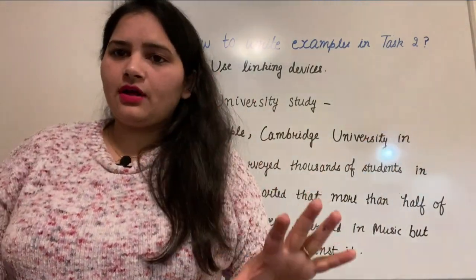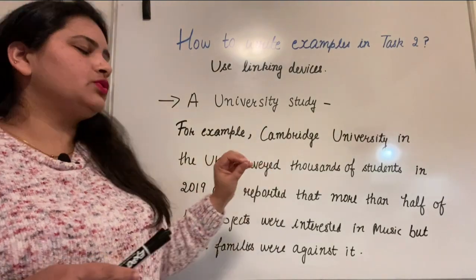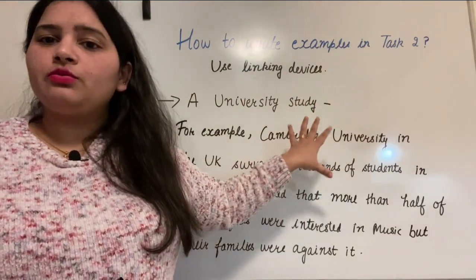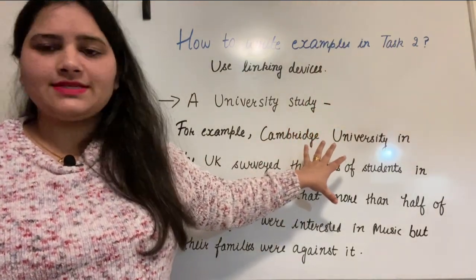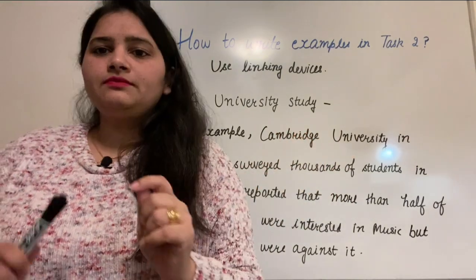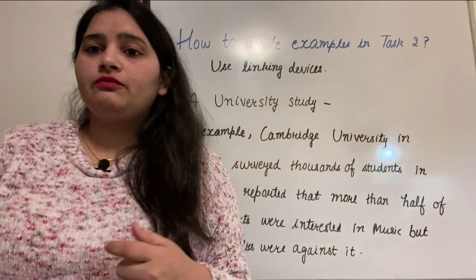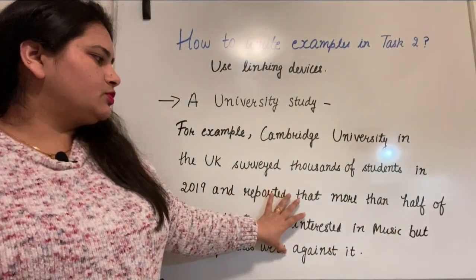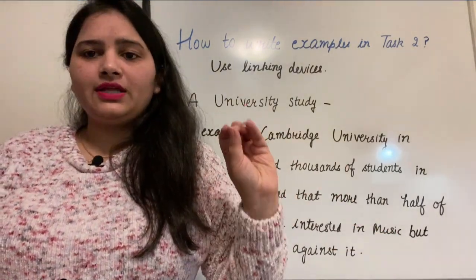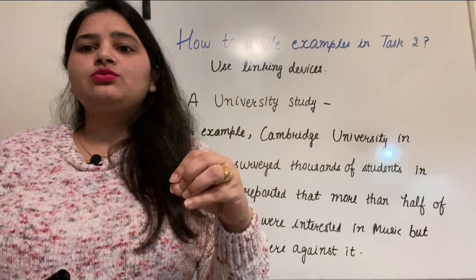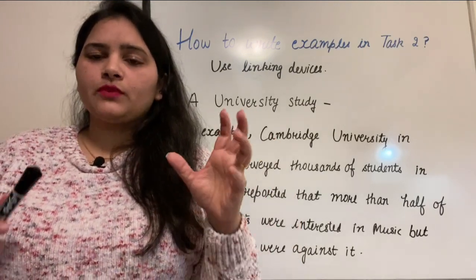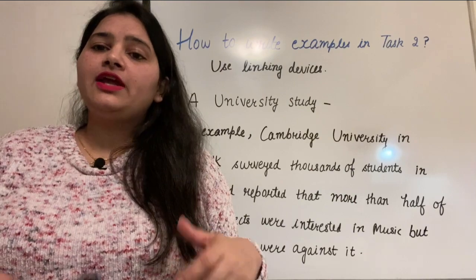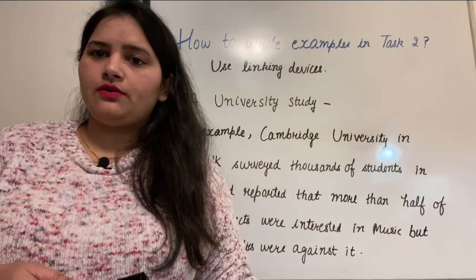You have to take a scenario and write an example that is related to the essay. This one was about choosing subjects, whether students or their parents should choose. So it shows that there is a study that parents do not want their children to choose subjects for themselves, they choose for their children.